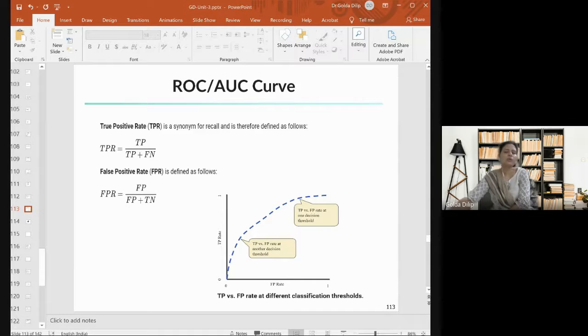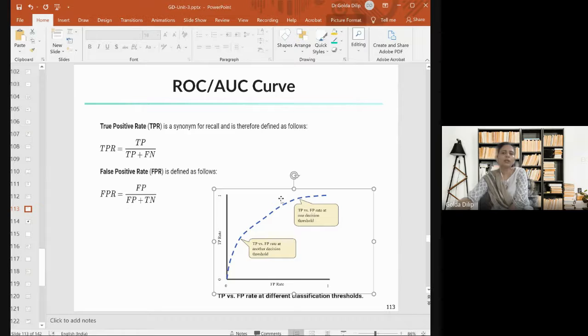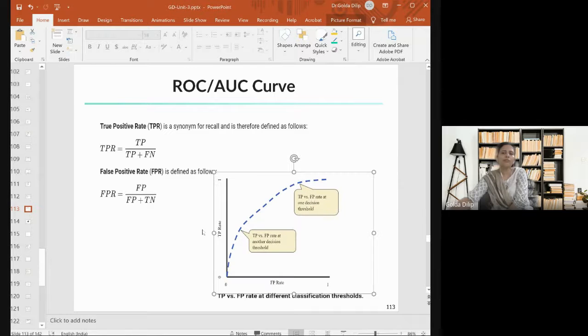Then we have what is called the false positive rate. You can see here the ROC curve plotting TPR and FPR at different classification thresholds.